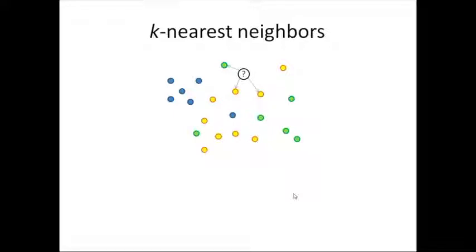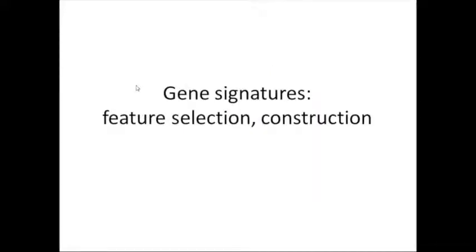For example, in a greedy approach, when we estimate the quality of a gene set, of a gene pair, gene triple, gene quadruple, and so on, by constructing a classifier and analyzing its precision characteristics on subsets of a training set. So that's it.